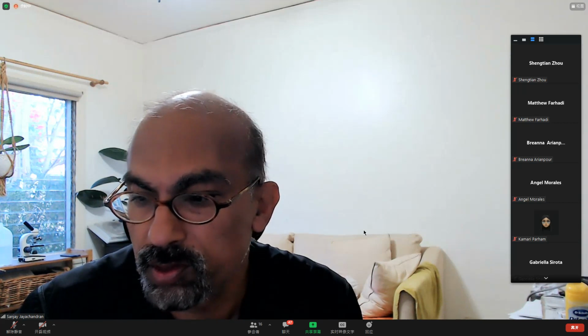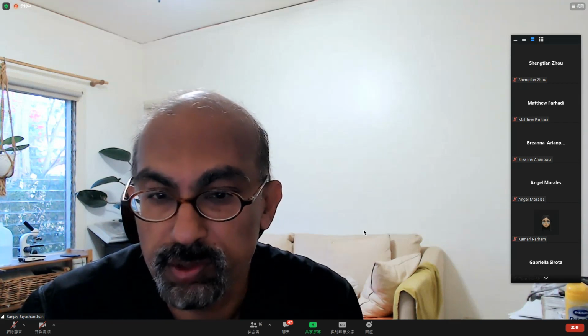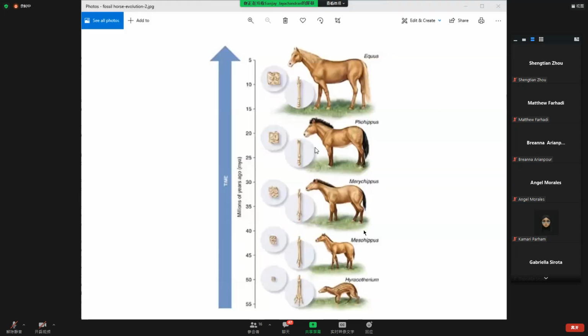Okay. So as an example, as you go deeper into the ground, the fossils get older, right? And so this is like comparing bone structures from fossils of the common horse to its ancestors. And so you can trace back the common ancestors of the horse up to like 55 million years ago, right? Looking at their leg and hoof bones. So this is an example of a fossil record.